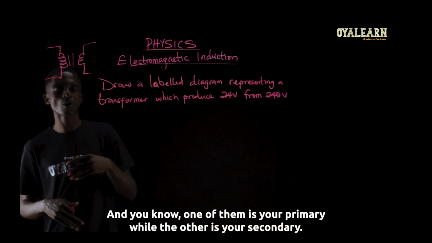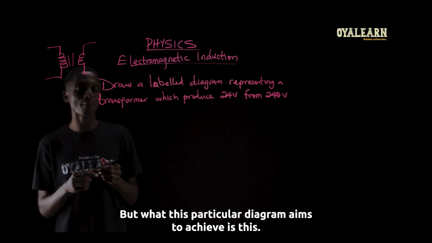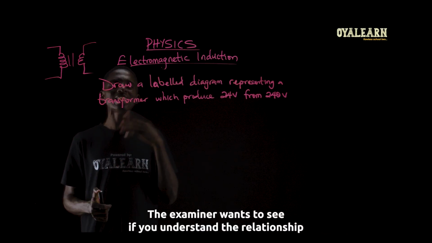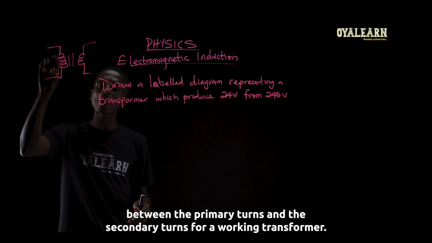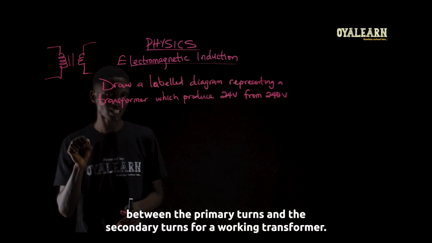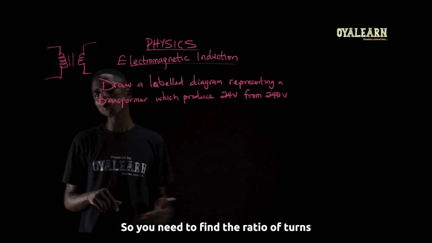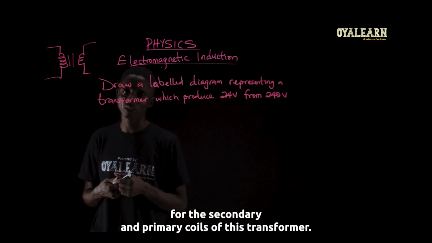And you know one of them is your primary while the other is your secondary. But what this particular diagram aims to achieve is this. The examiner wants to see if you understand the relationship between the primary turns and the secondary turns for a working transformer. So you need to find the ratio of turns for the secondary and primary coils of this transformer.